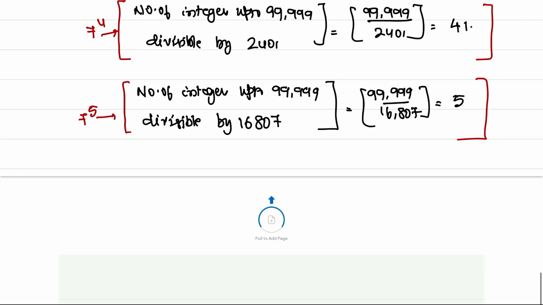Now, we have got all the values with us. One is number of integers divided by 7 to the power of 1. I will not write the whole sentence. That is equal to 14285. 2.